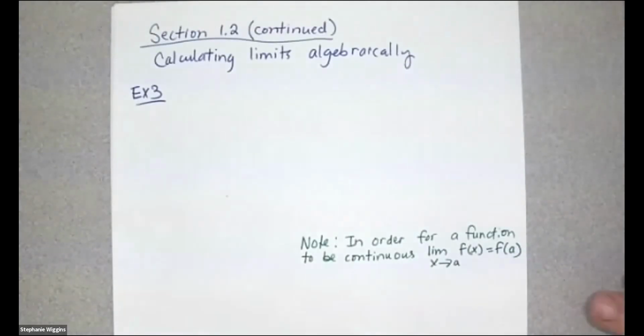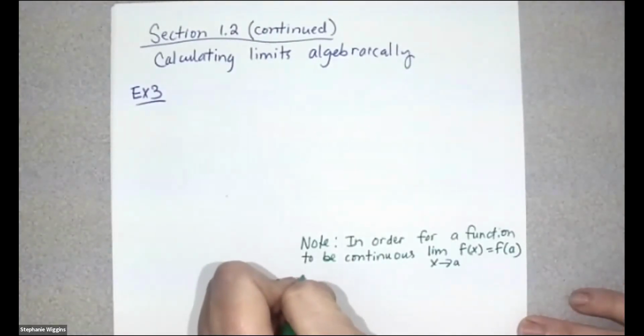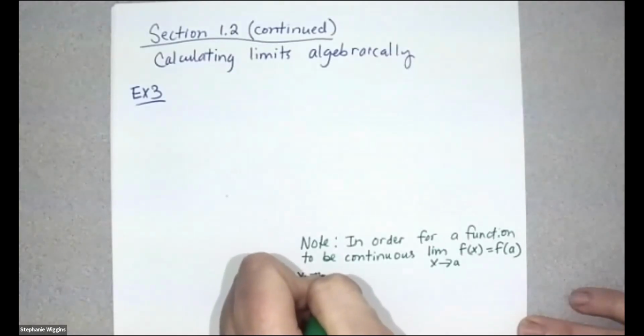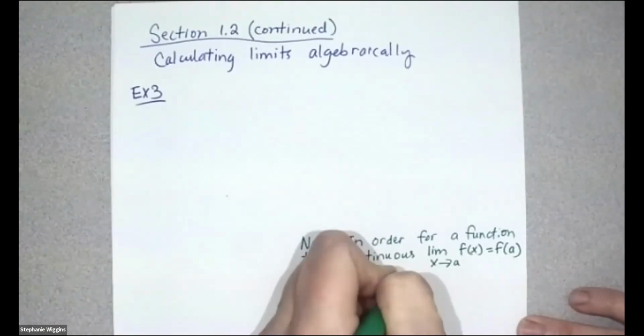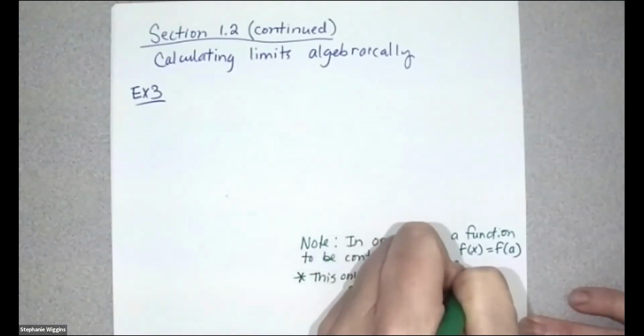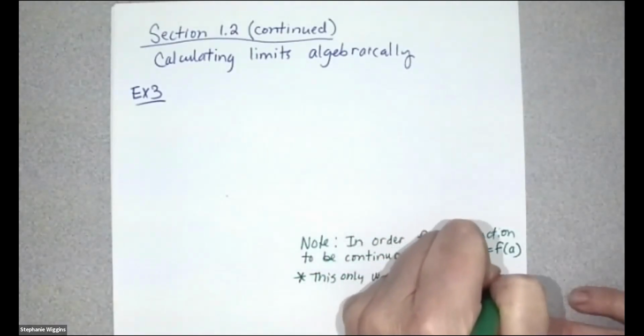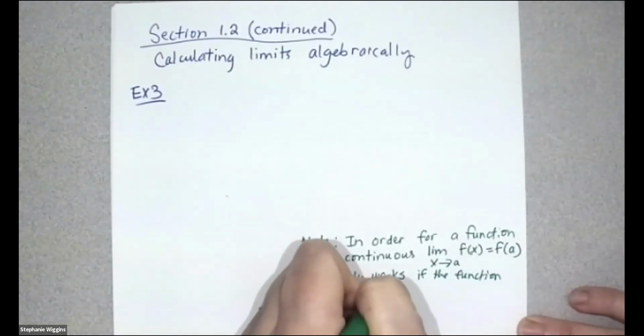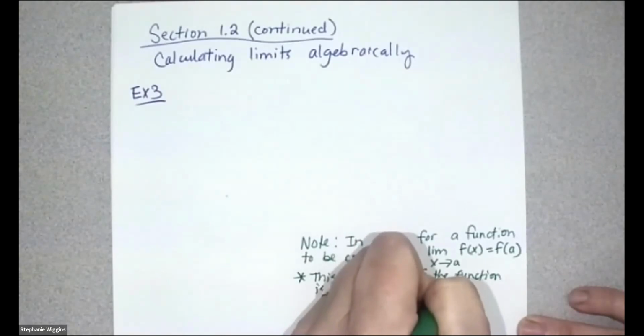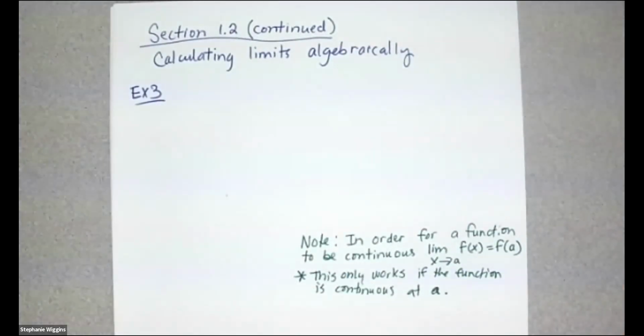But this only works for continuous functions, okay? So if you have a function that's not continuous at a, then you've got to do something different.